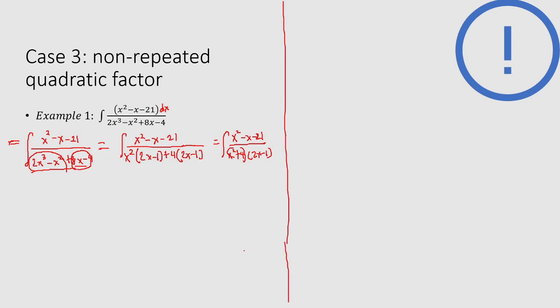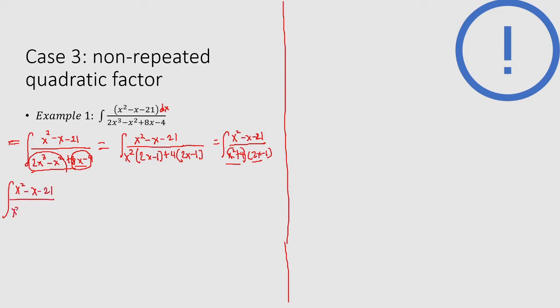It's pretty obvious that this is case number 3 since one factor is a quadratic and the other one is a linear factor. Therefore, this is case number 3, a non-repeated quadratic factor. To solve this problem, let's do my method.